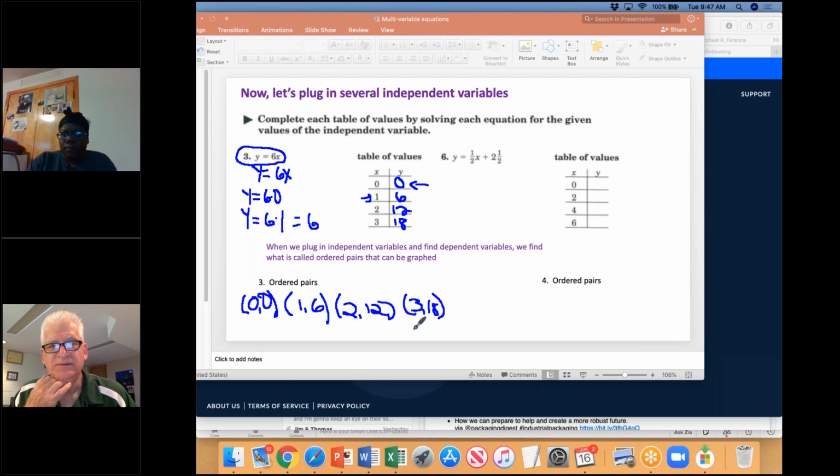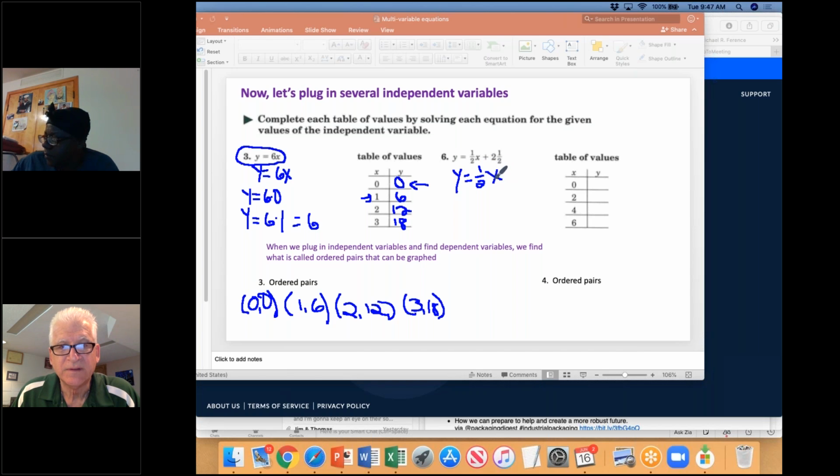But before we do, let's do one more example here. y equals 1/2 x plus 1.